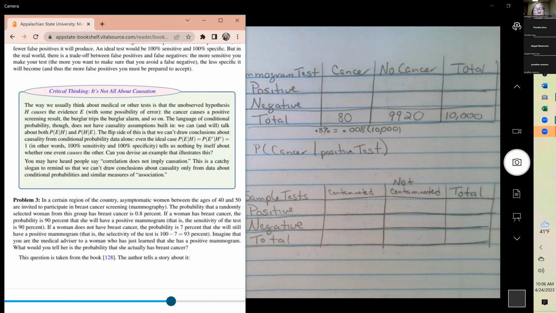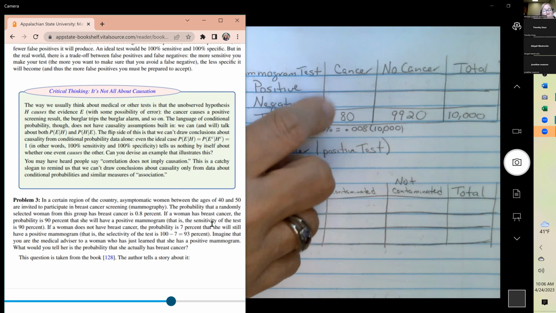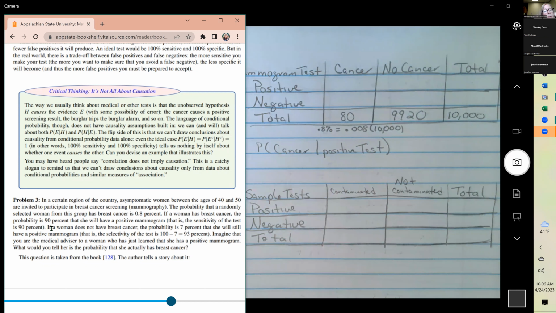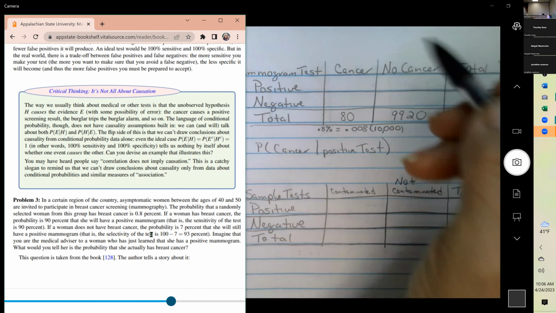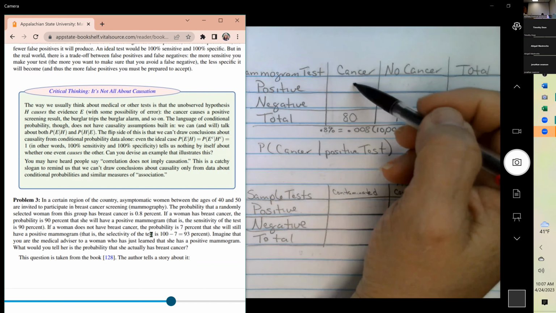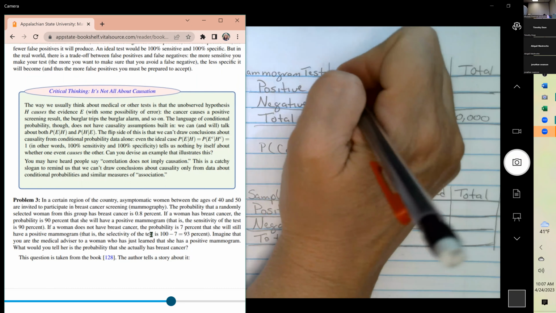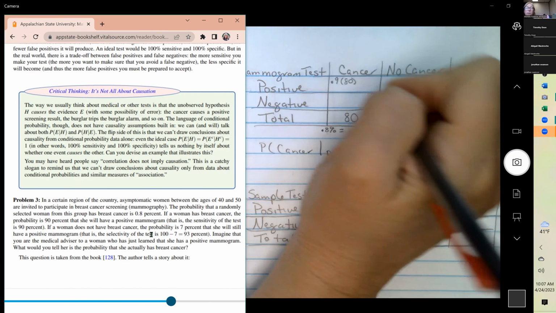Now, when we read the next one, if a woman has breast cancer, so we're saying they do have it, this first column. If a woman has breast cancer, the probability is 90% that she will have a positive test. So 90% of the ones with cancer will have a positive test. 90% as a decimal times the number that have cancer.